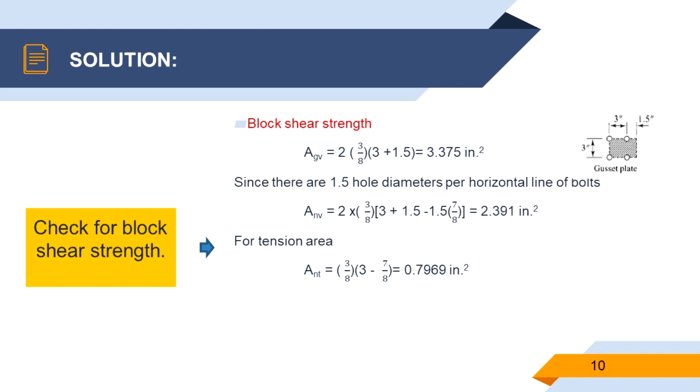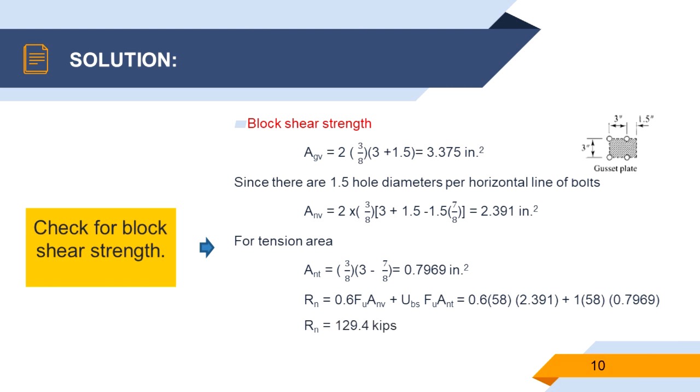Since the block shear will occur in the gusset plate, Ubs is equal to 1. Now we will solve for Rn, which is equal to 0.6 Fu Anv plus Ubs Fu Ant, and substituting the values, we get 129.4 kips.